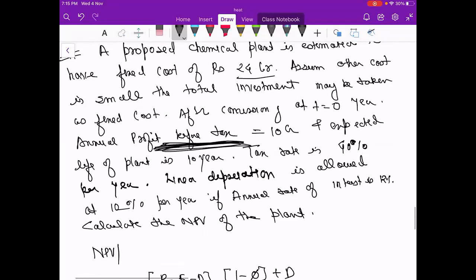It is 24 crore, so it is 24 by 10. Life of plant is 10 years, they have mentioned this, and this is 24 crore.